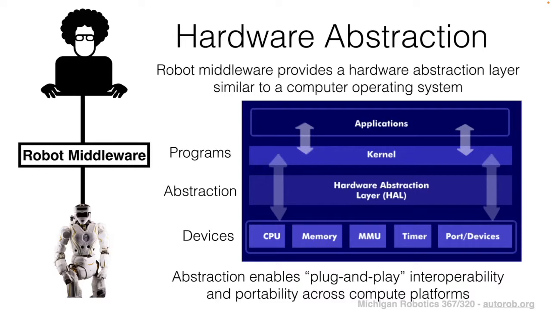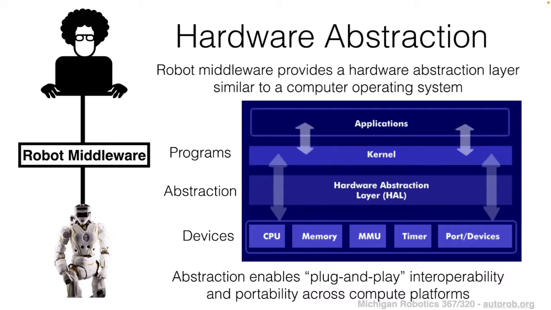That's very powerful for the application developer because it enables them to develop interoperable programs that can work on a diverse set of computing devices without having to worry about porting to these different unique pieces of hardware.